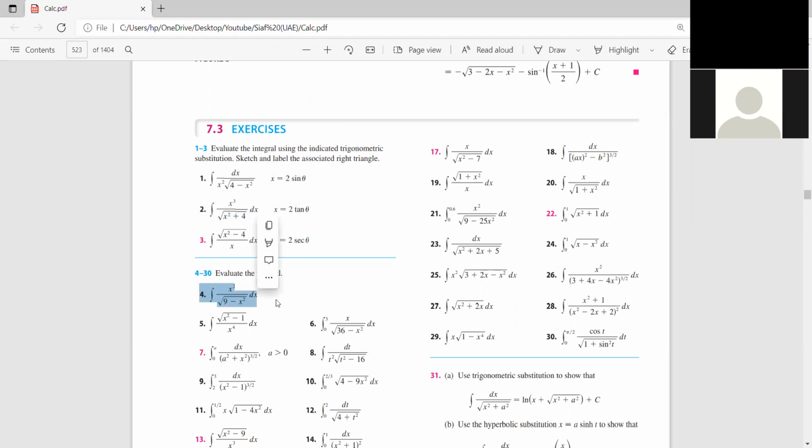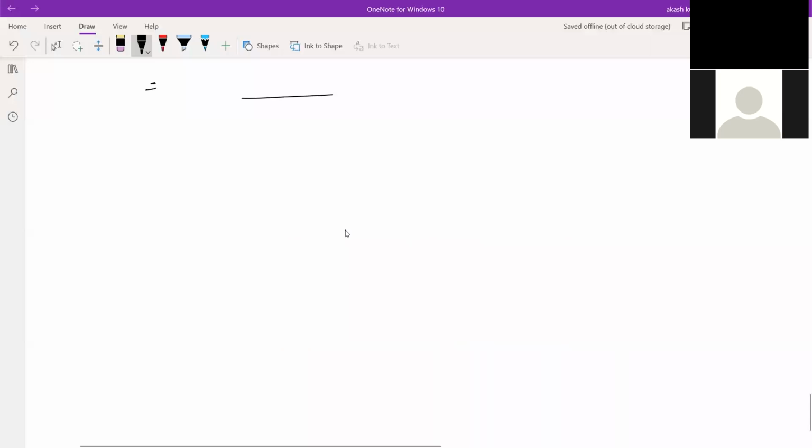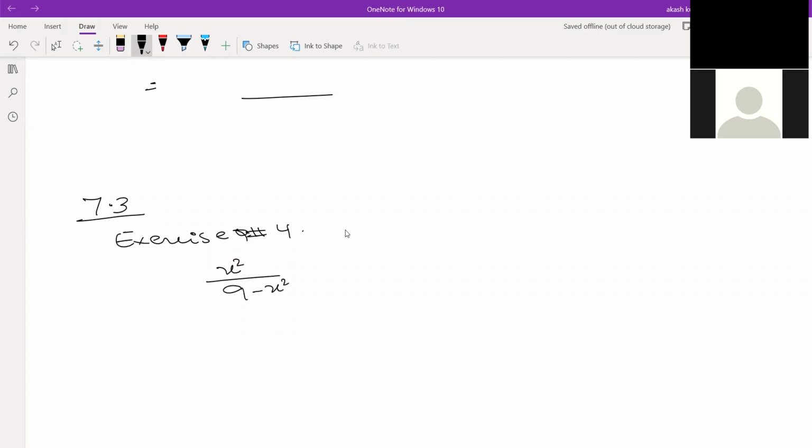Let's do question number 4, where we have to ourselves identify which identity we have to use to simplify our answer. It was exercise 7.3, question number 4, which is x squared over 9 minus x squared.